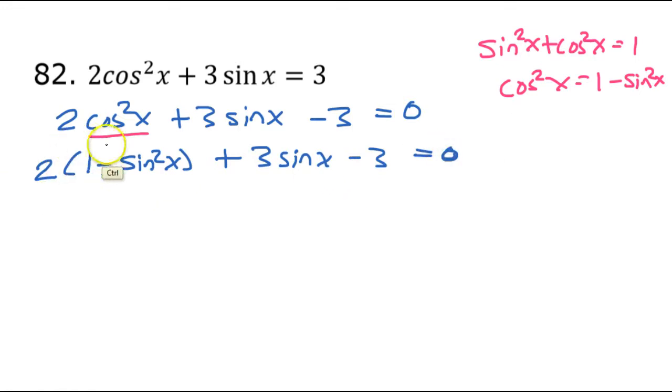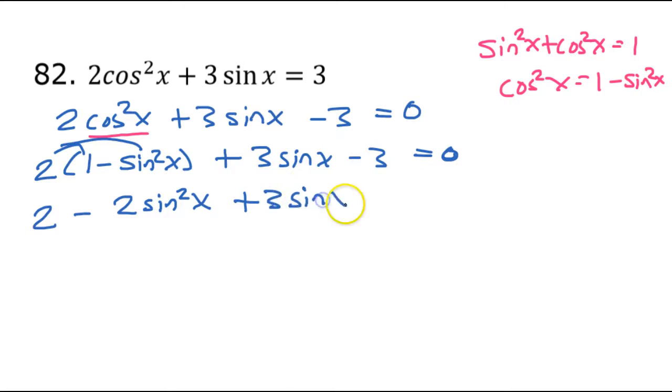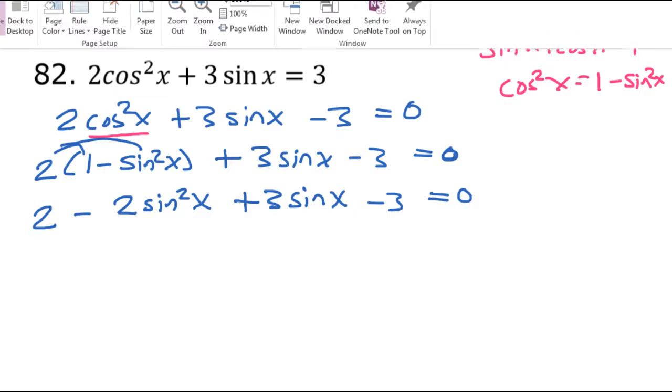All right, a little distributive property with the 2 is going to give me 2 minus 2 sine squared x plus 3 sine x minus 3 is equal to 0.